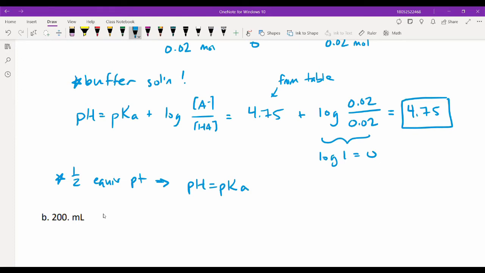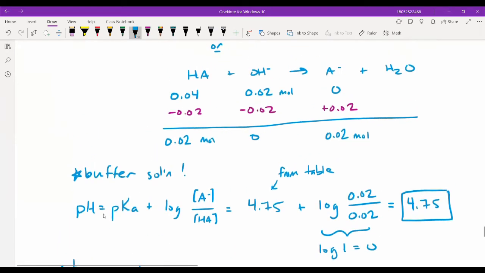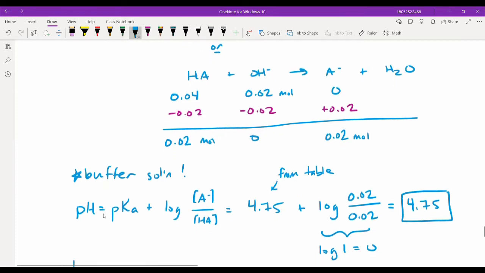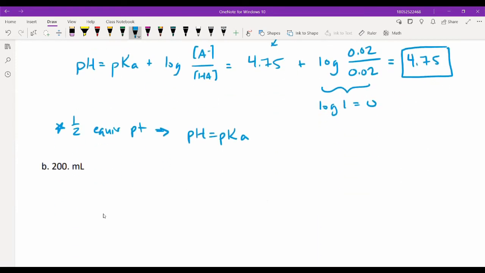What the half equivalence point means is that you've added exactly half your original moles of HA, half of that of the hydroxide. And you're going to end up with equal amounts of HA and A-.